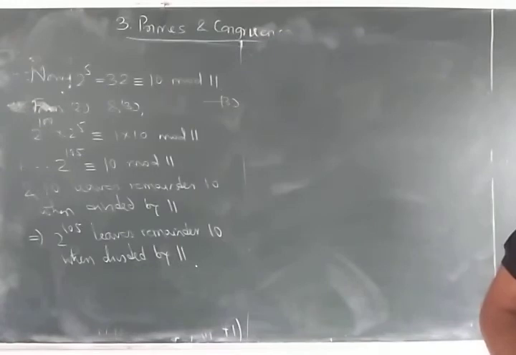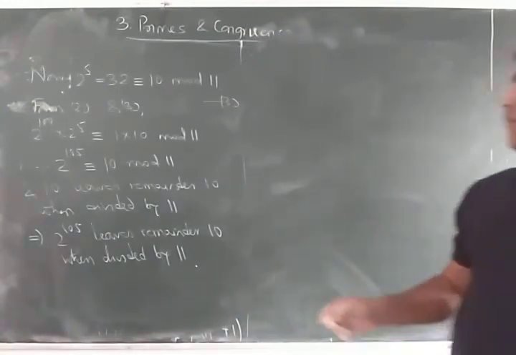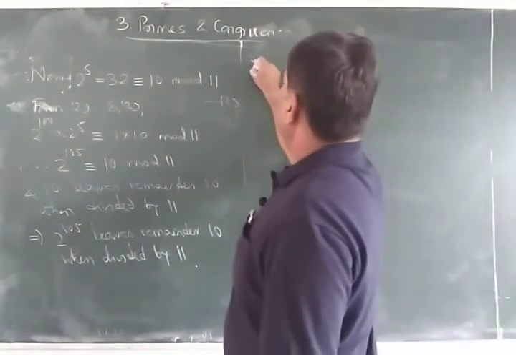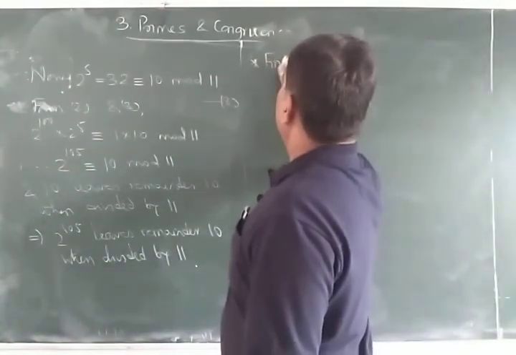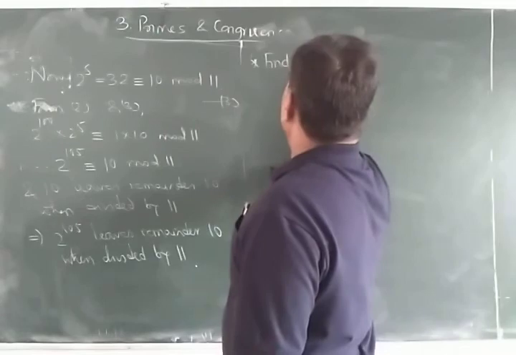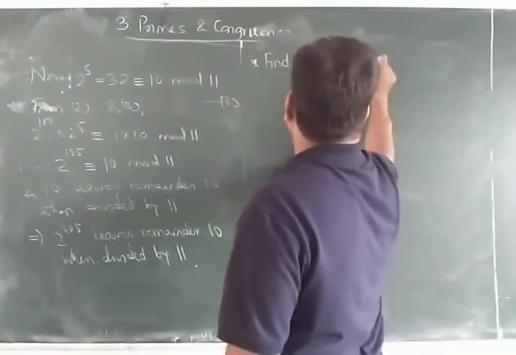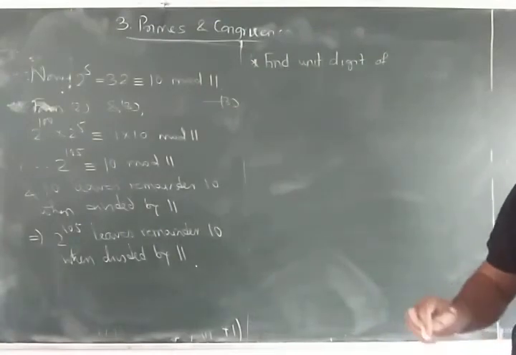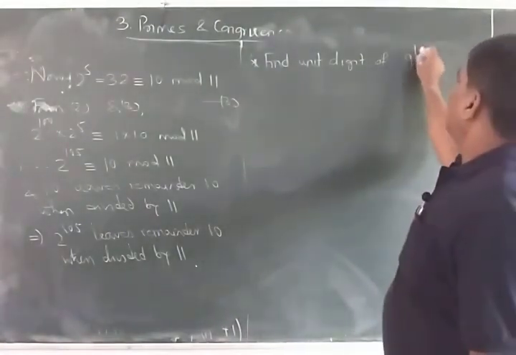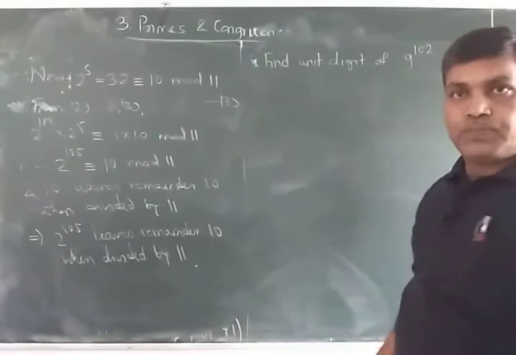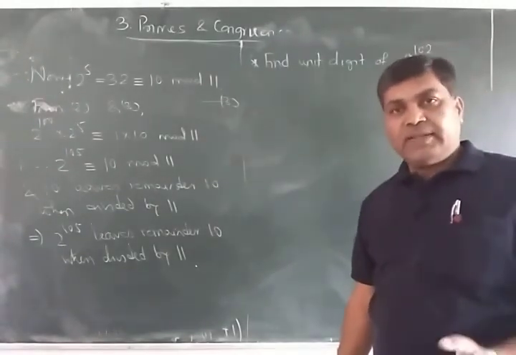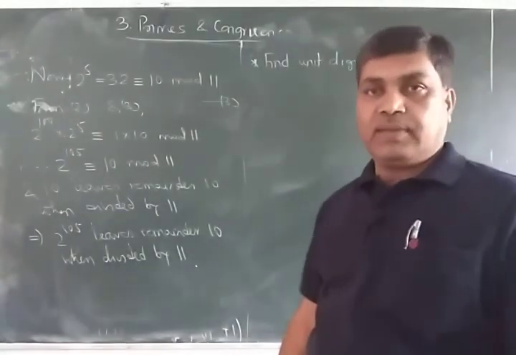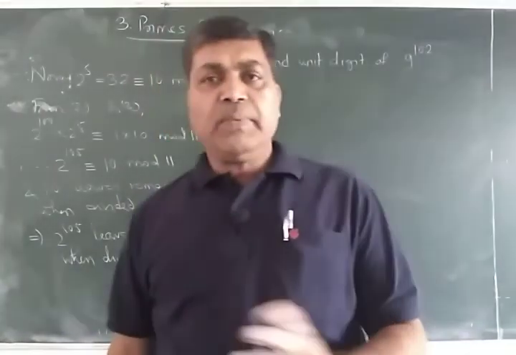Find the unit digit of 9 raised to 102. So if I divide it by 10, what will be the remainder?